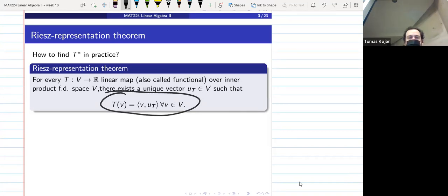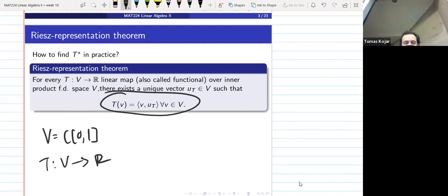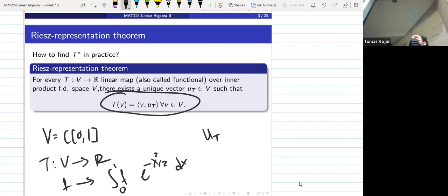So let's go back to that example. Take C[0,1] and take T to go from V to R, maybe integrate with something. So take F to the integral of F against the Gaussian. What would be my representative?